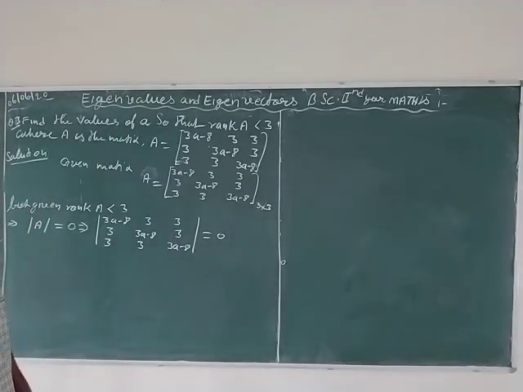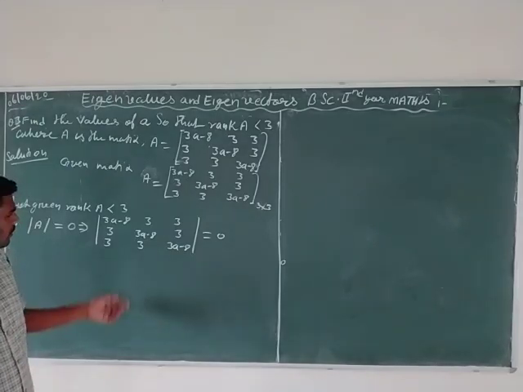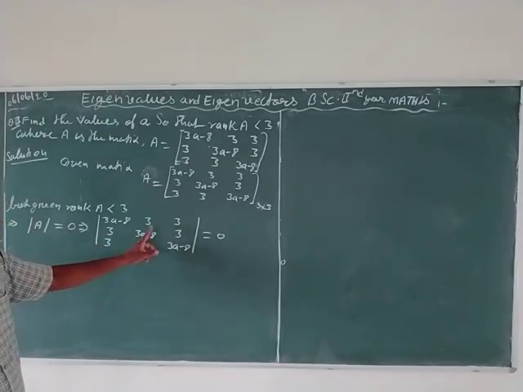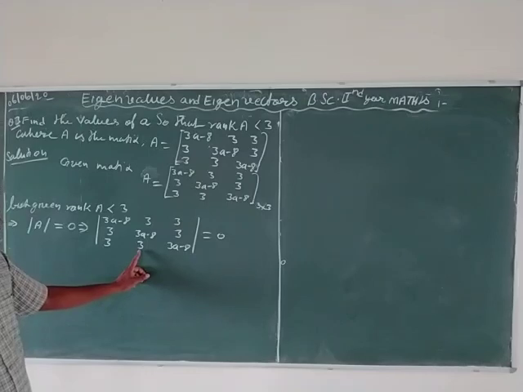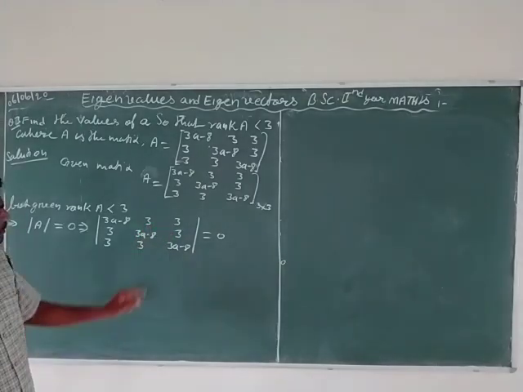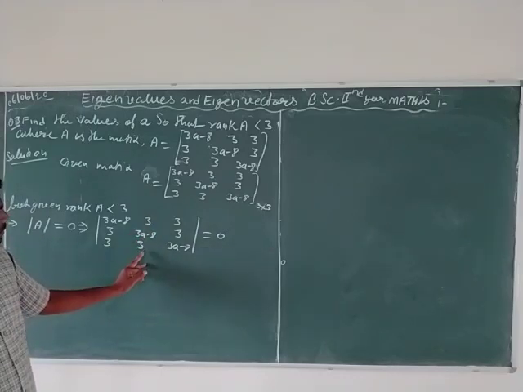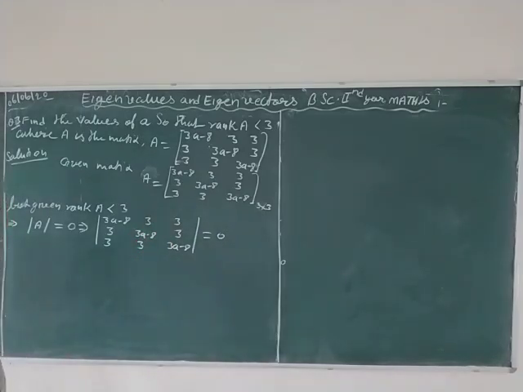Calculate its determinant, and for this, write the operation on the third column: from the second column, subtract the third column. That is, C2 becomes C2 minus C3.